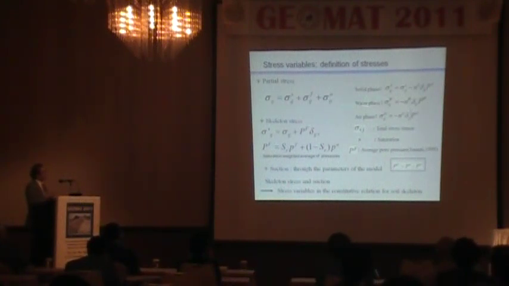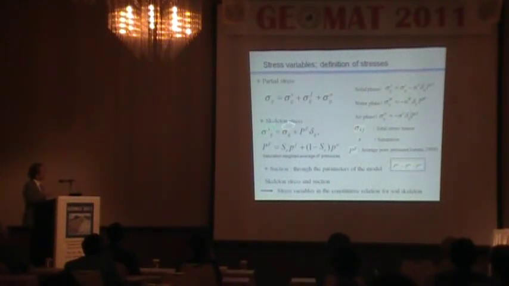So we can obtain the partial stress for the fluid phase and solid phase with spherical stress and pore pressure. Then, summing up these partial stresses, we can obtain the total stress. Finally, we obtain the relationship between the spherical stress, the total stress, and the average pore pressure. This is the average pore pressure advocated by Christine Yomi.